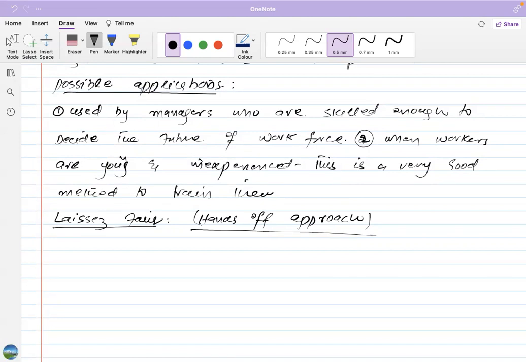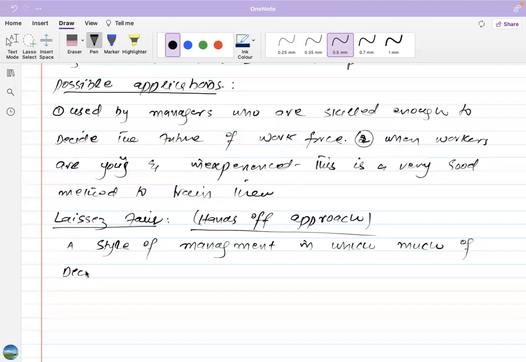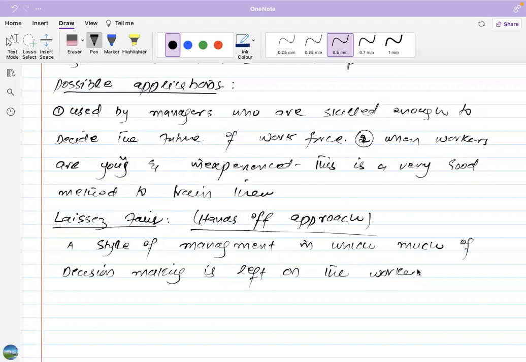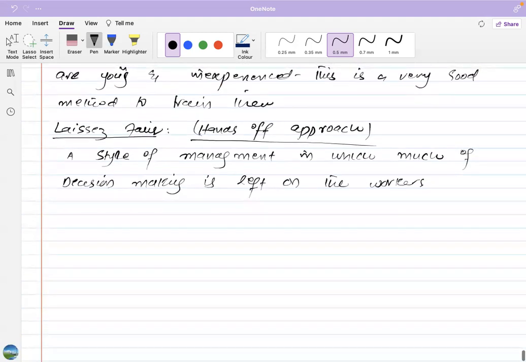A style of management in which much of the decision-making process is left to the workers. They decide whatever resources they want to allocate; it's all their own decision making.